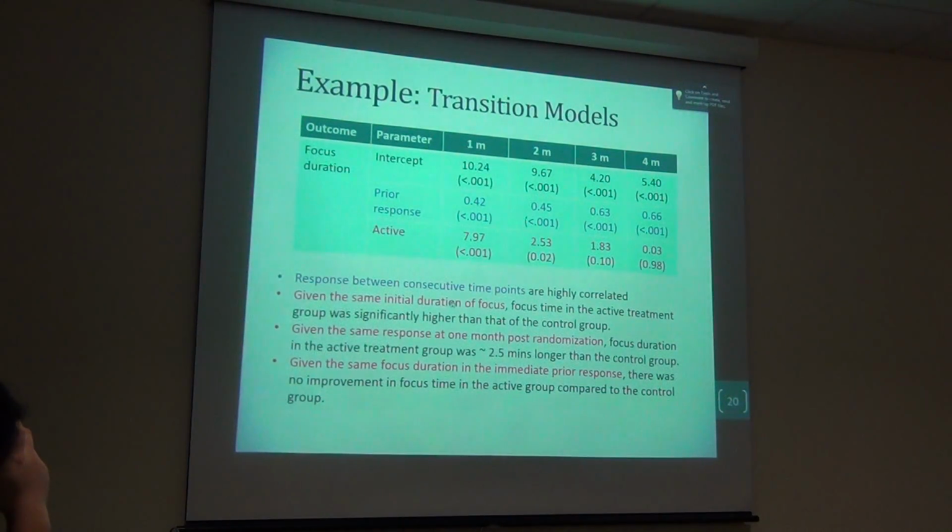If you really want to know the cumulative effect, then the separate models that I showed before would be the appropriate models. So that's the main point of this whole talk. There are a lot of different models depending on what you want to do with the studies, what your goals are. You need to use the appropriate models to answer the question.